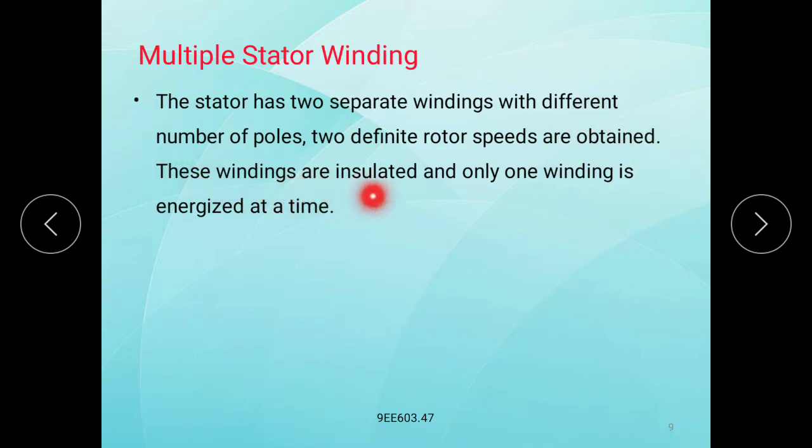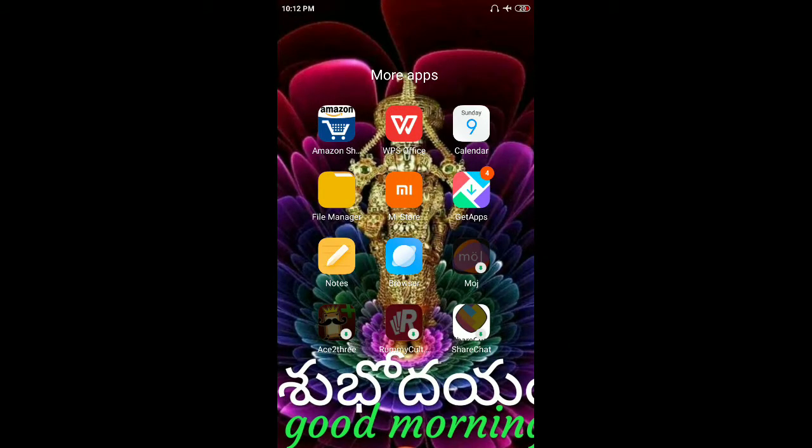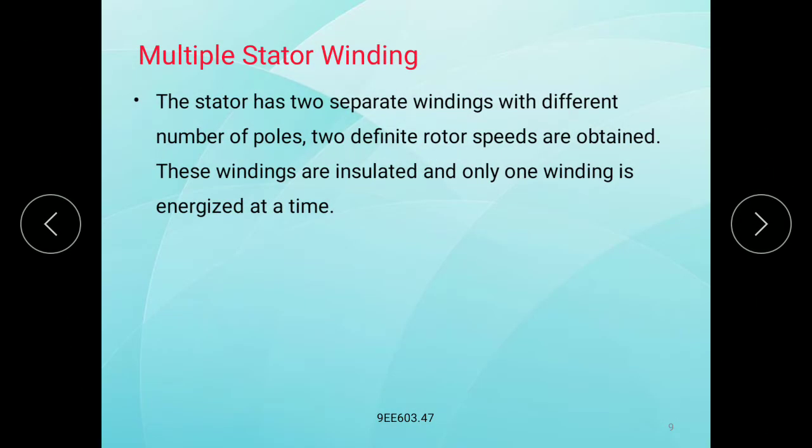These windings are insulated and only one winding is energized at a time.